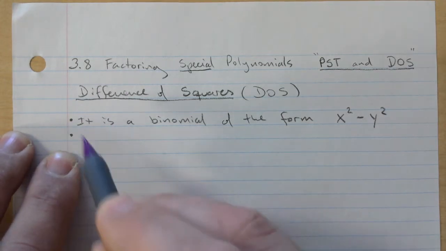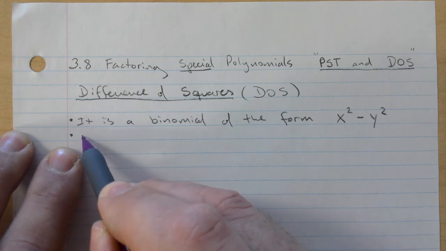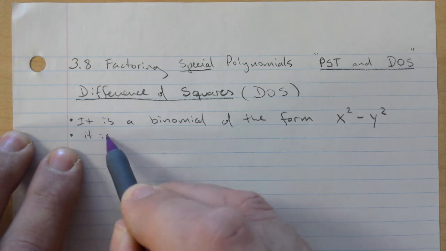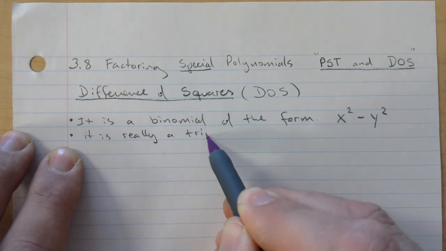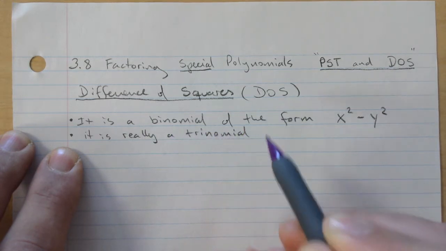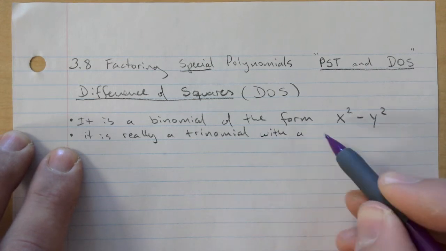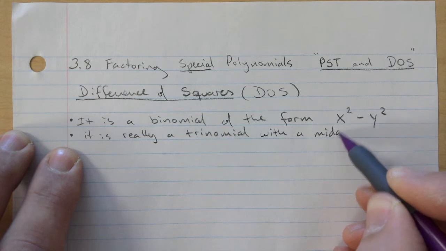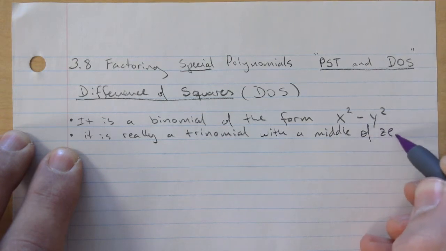And that's a bullet, and then another bullet is it is really a trinomial with a middle term of 0, if you want to think about it that way.